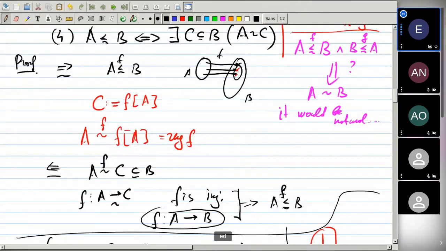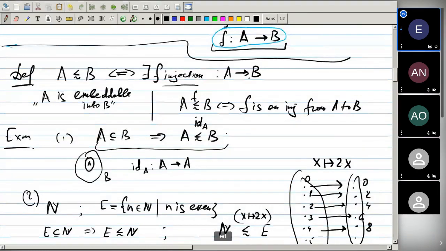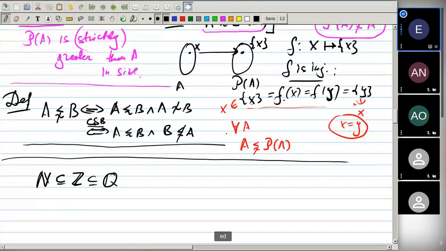We know quite well that inclusion, of course, means embedding. If it is included, if it is a part, then it has no more elements. So N is embeddable into Z, Z is embeddable into Q, and as a consequence, of course, N is embeddable into Q. Do you agree? Yes.